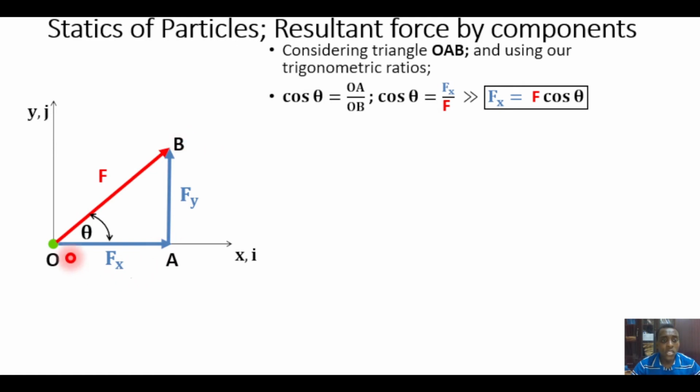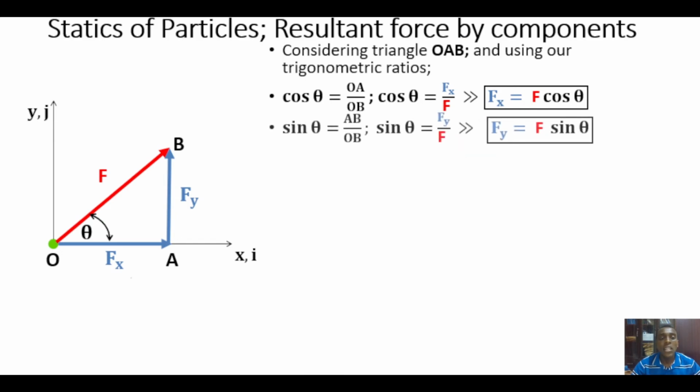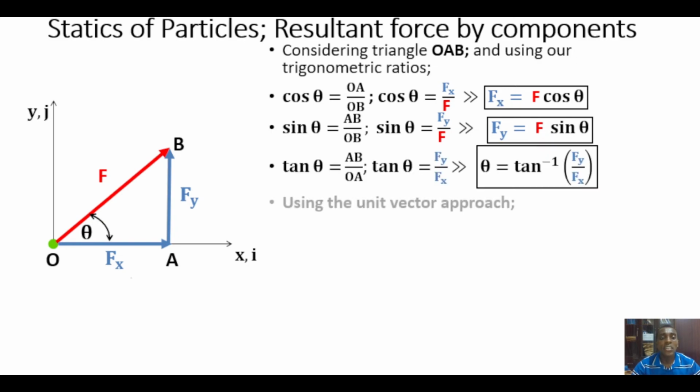In other words, cos theta is adjacent on hypotenuse, which is Fx over F. If cos theta is Fx over F, then Fx can be F cos theta. Now similarly, sin theta is AB over OB. In other words, sin theta is opposite on hypotenuse, which is actually Fy on F. And so if sin theta is Fy on F, then I can say Fy is F sin theta.